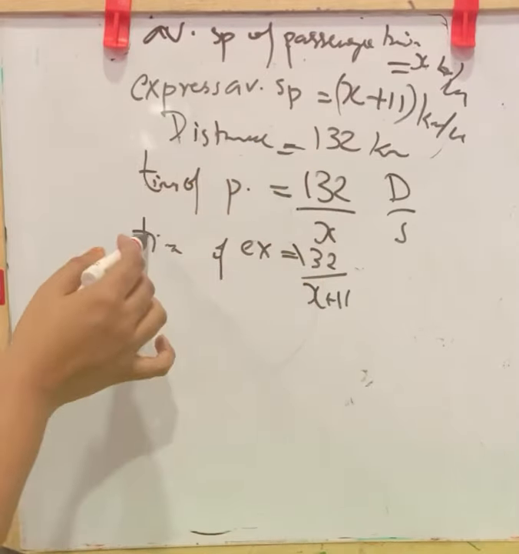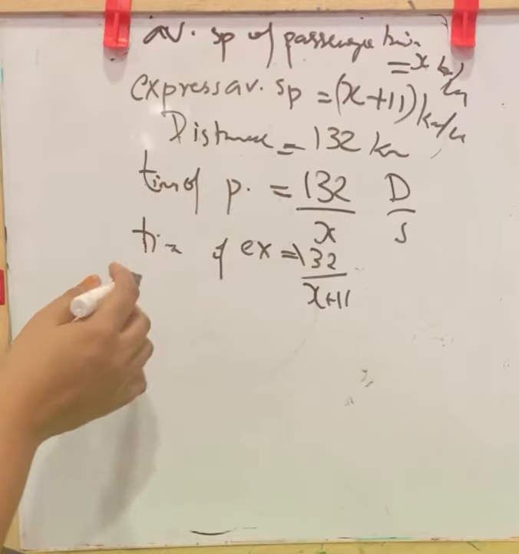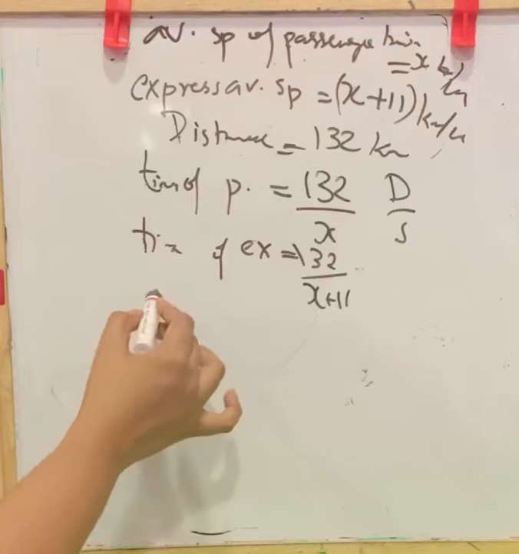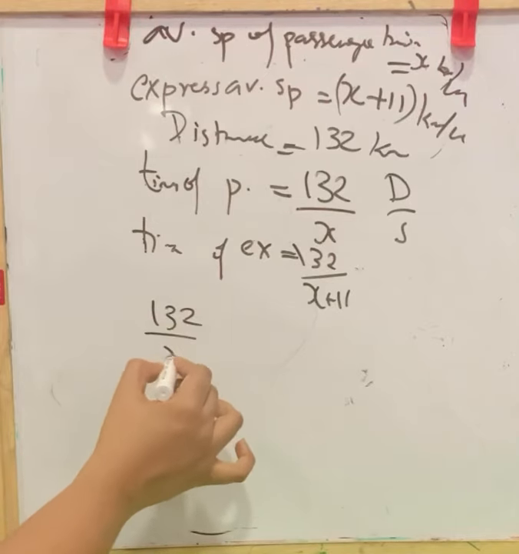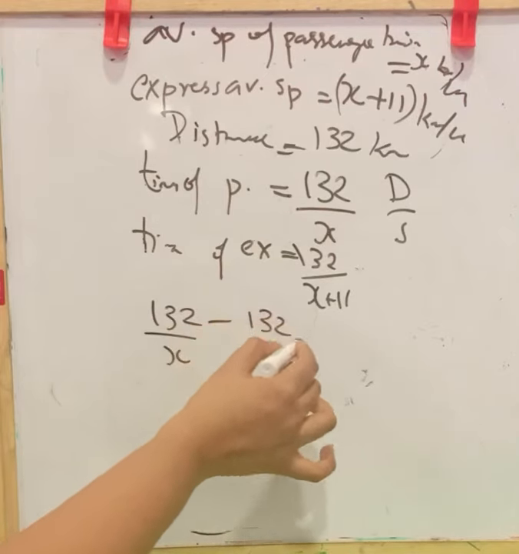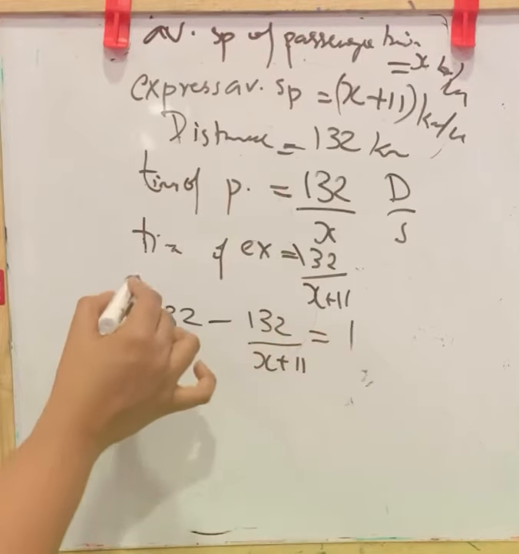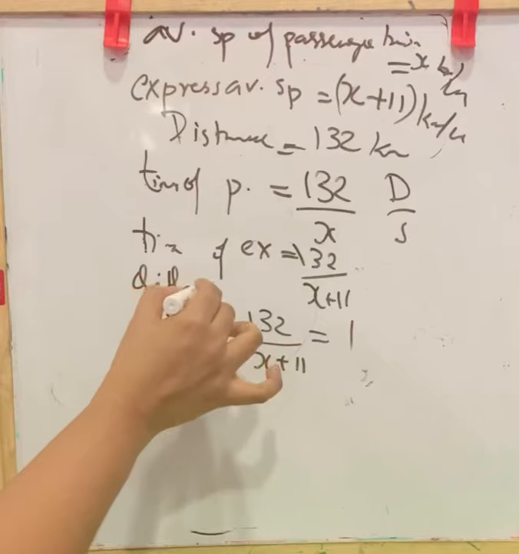These are the times of both trains and we have difference of 1 hour. So how will you write? 132 by x minus 132 by x plus 11 equal to 1 hour difference. It is given in the question.